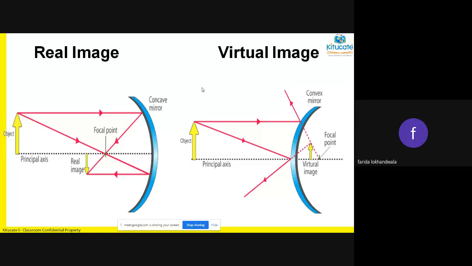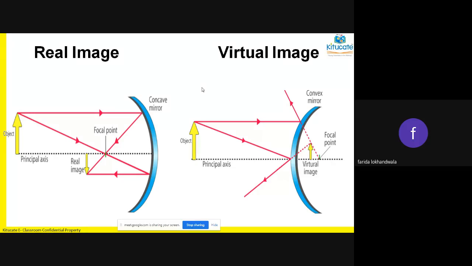It is not behind the mirror, it is in front of the mirror, so it is not falling on the mirror. You can project it somewhere outside. That's why we call it a real image, and it is always inverted. So whenever you state the property of a real image, you will say real images are real and inverted. That is why when you were seeing yourself on your spoons, you were seeing yourself inverted.